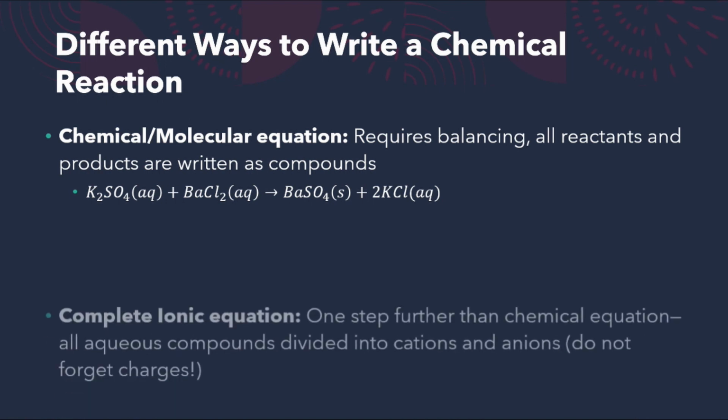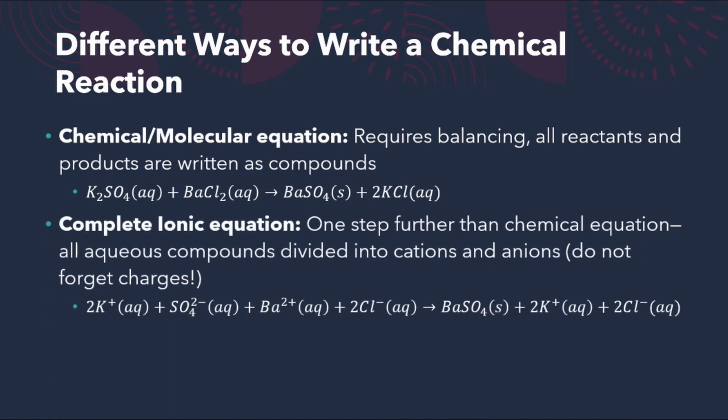The next step is a complete ionic equation. This is one step further than a chemical equation. So all aqueous compounds are divided into cations and anions. And one thing to be careful about is not forgetting the charges or oxidation numbers.